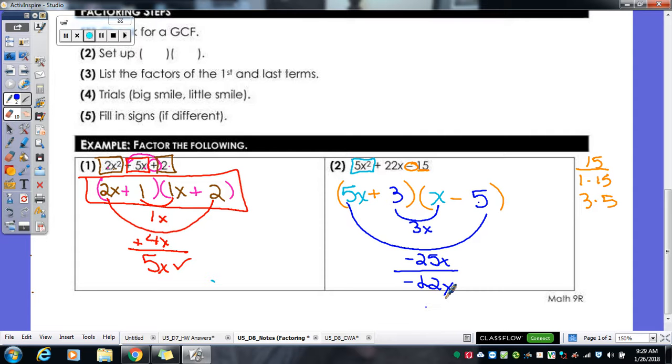No, it's close. So what's the one thing we're going to have to do? Change the signs. So this is now negative. That one's my positive. So I would have a negative 3x when I do my little smile. Positive 25x when I do my big smile. Those would combine to give you your positive 22x. So here's our final one.